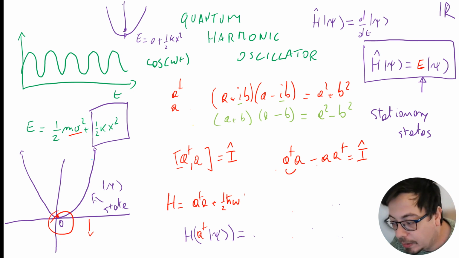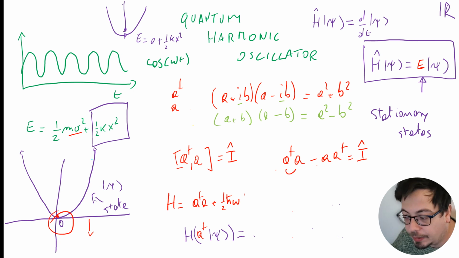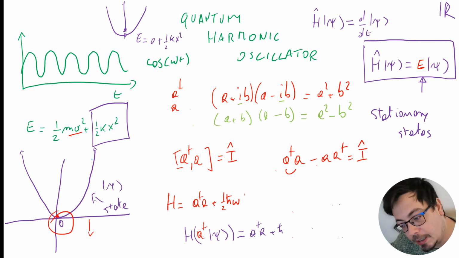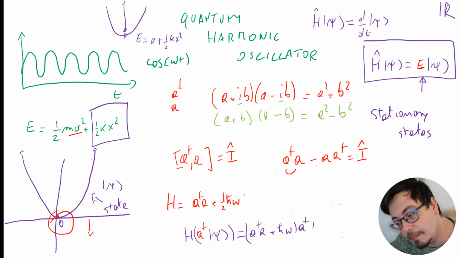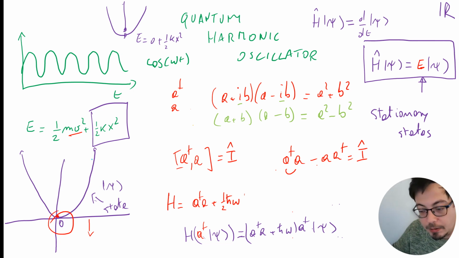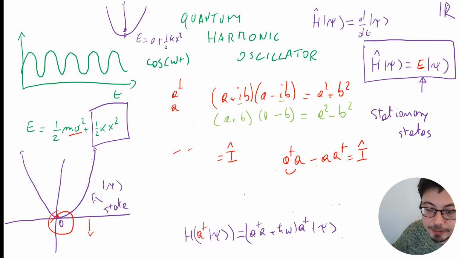So what happens when we apply the operator a dagger? Let's try to do it. So we do a dagger a plus 1/2 h bar omega, this is the Hamiltonian H, and then we have a dagger psi. Now I will go backwards, from bottom to top. Hope you don't mind.